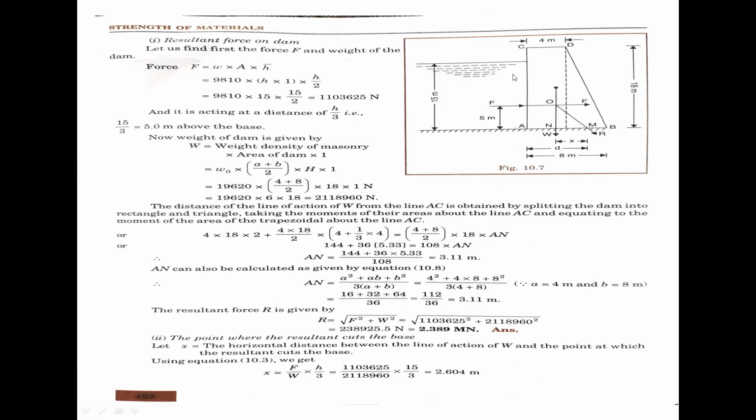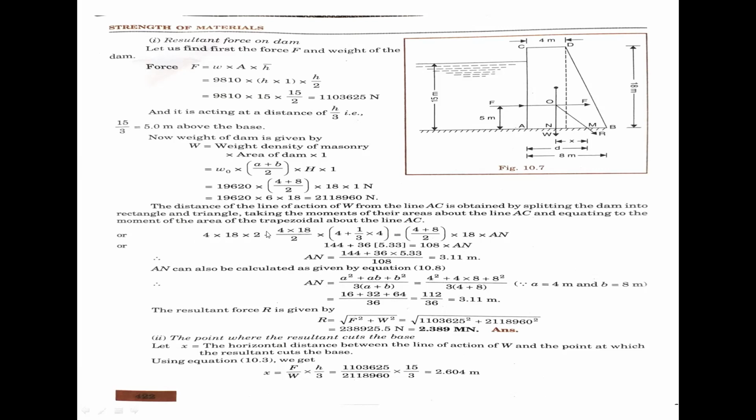Now we have to take moments about capital A, capital C. This is the water contact surface, AC. Now 4 into 18 into 2, plus 4 into 18 by 2 into 4 plus 1 by 3 into 4, equal to 4 plus 8 by 2 into 18 into an.